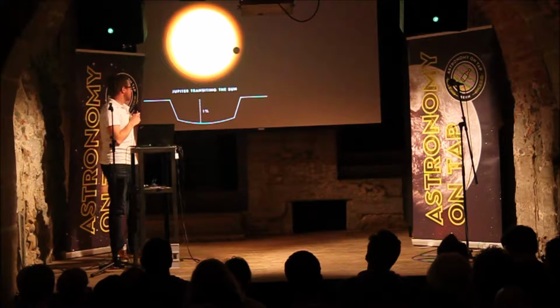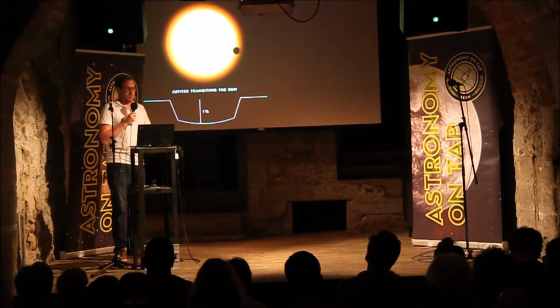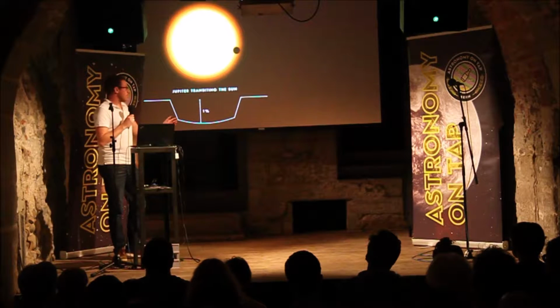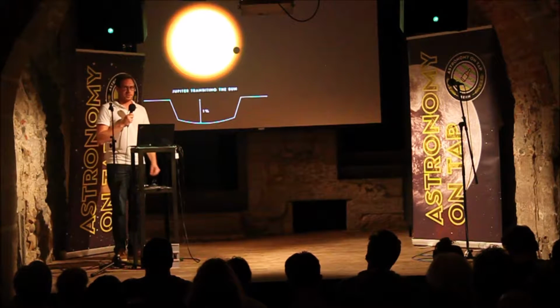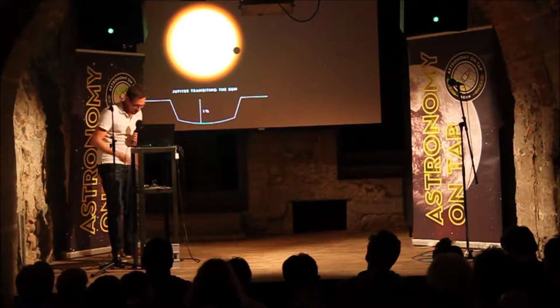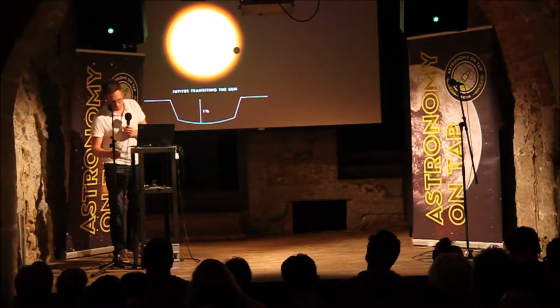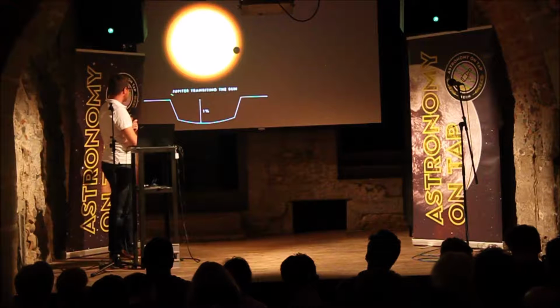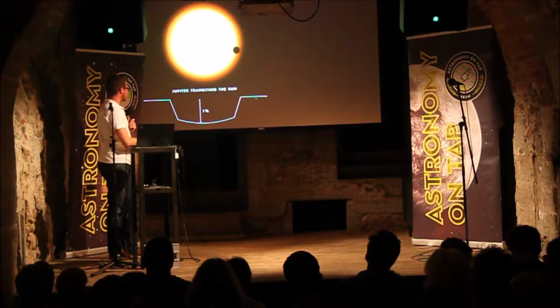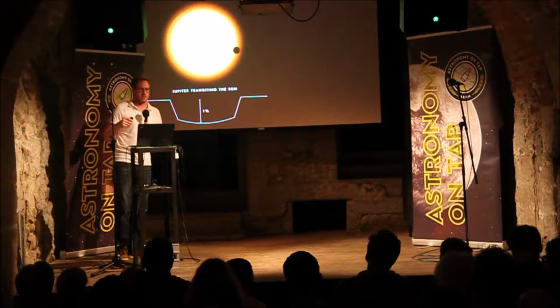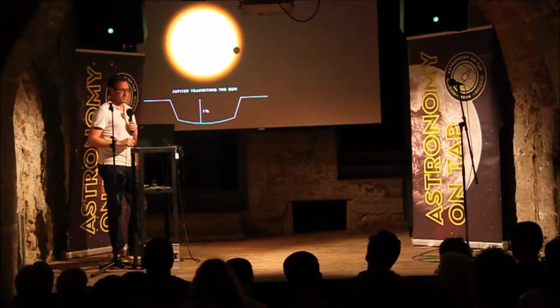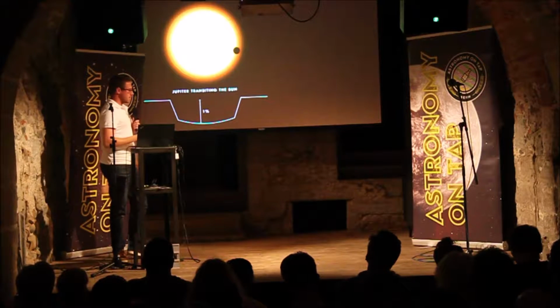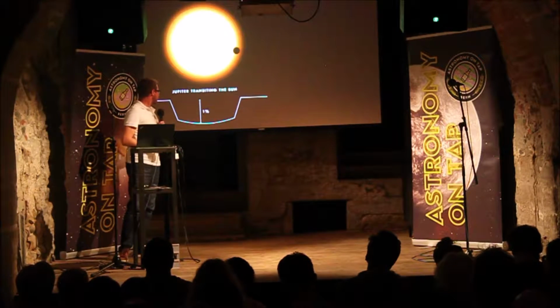It would look something like this. If Jupiter were transiting the Sun, and we were somewhere else observing the Sun from very far away, then we would observe something like this dip here. We continuously measure the brightness of the star, and we would see a decrease of 1%.